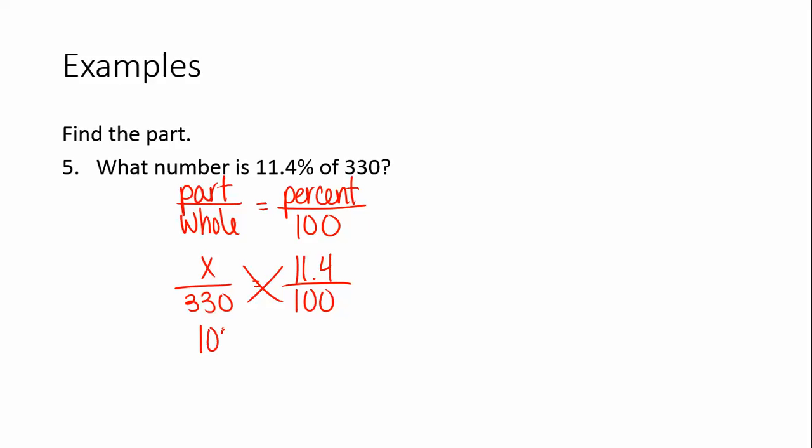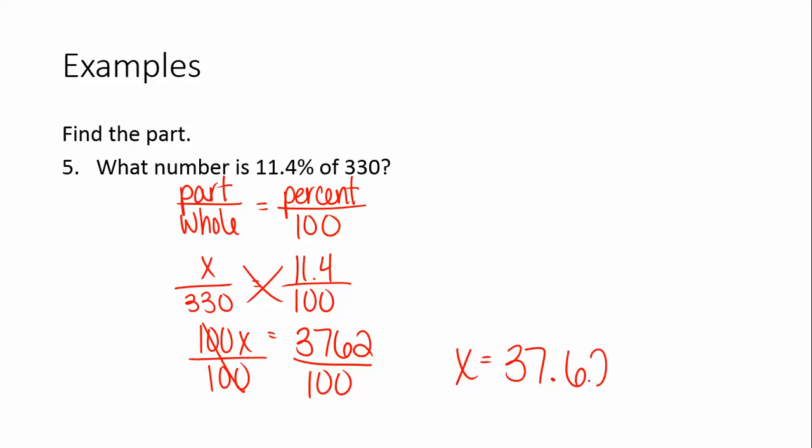So cross multiply: 100x equals 330 times 11.4, which is 3,762. Divide both sides by 100, and you get that x equals 37.62. And that means that 37.62 is 11.4% of 330. Hopefully you got that one right. If you didn't, you can see where you went wrong.